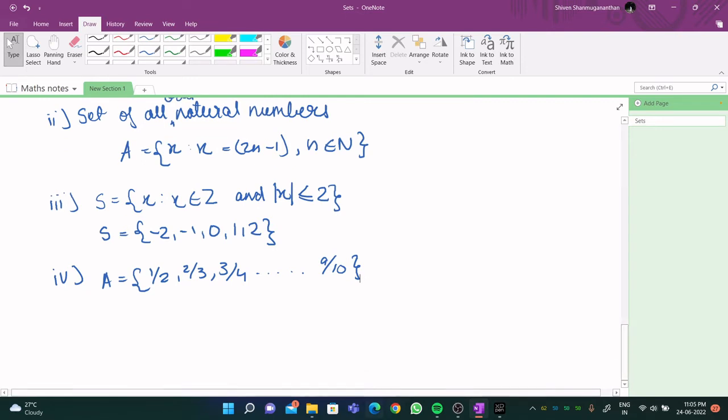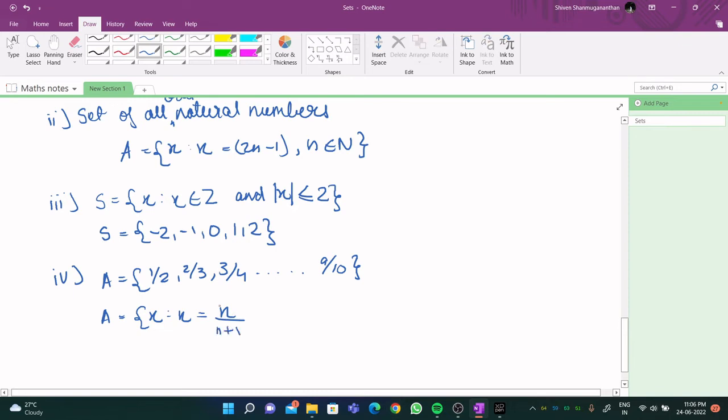So let's think about this for a second. A is equal to x such that x is equal to, n. Now n here is the number of its position. So for 1 by 2, n would be 1, for 2 by 3 it would be 2, for 3 by 4 it will be 3, as you got. So n by n plus 1.